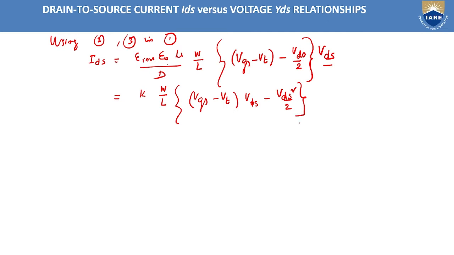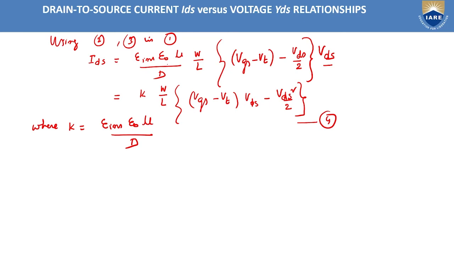So this is equation 4, where K is equal to epsilon INS epsilon naught mu divided by D.